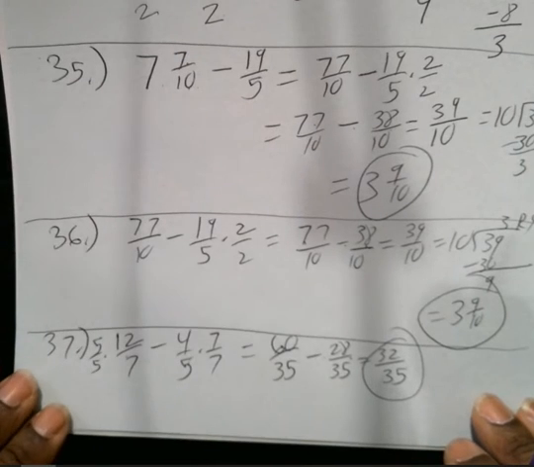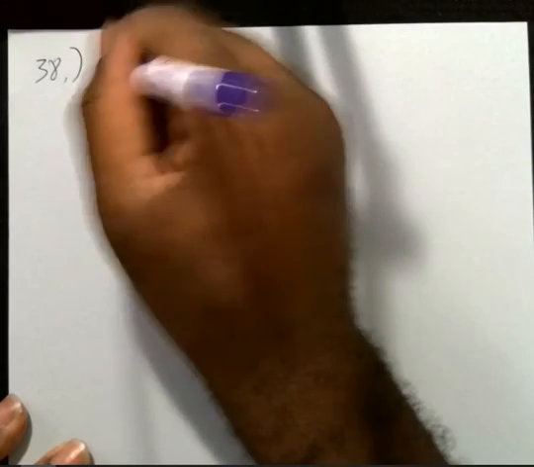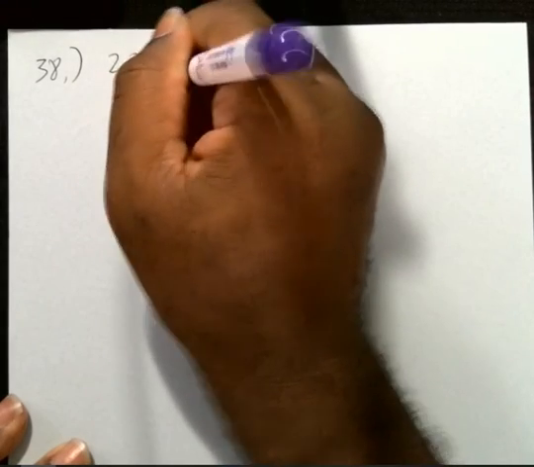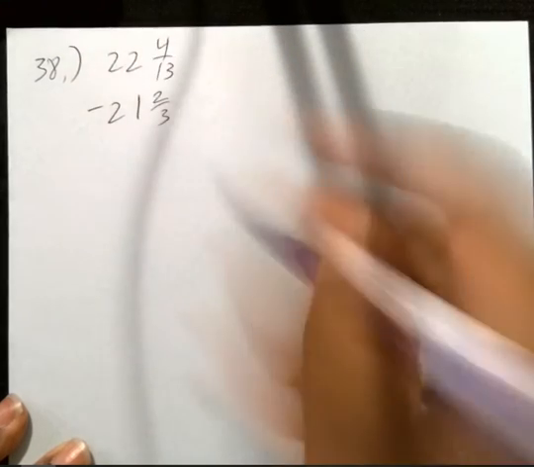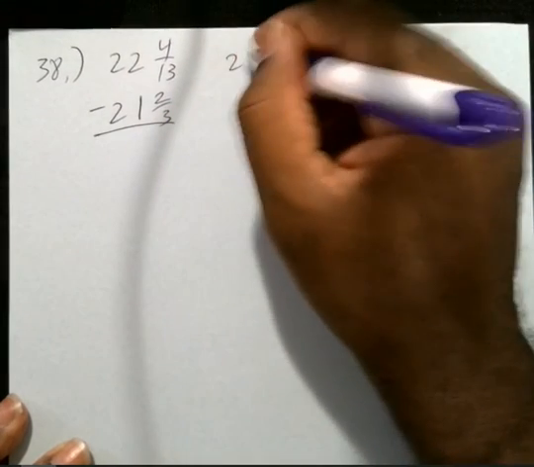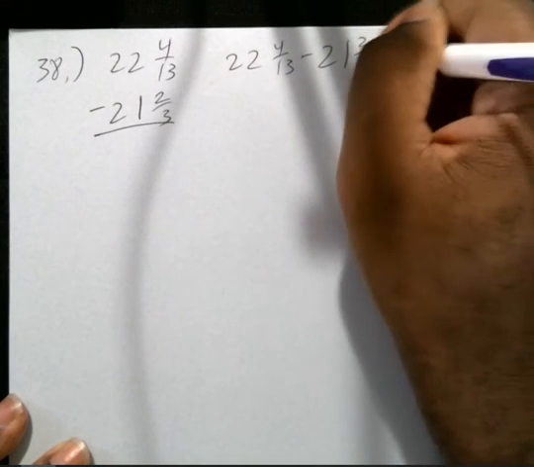All right, now finally, 38. All right, with problem 38, we had 22 and 4/13 minus 21 and 2/3. Let me write this side by side because that's what you're used to.